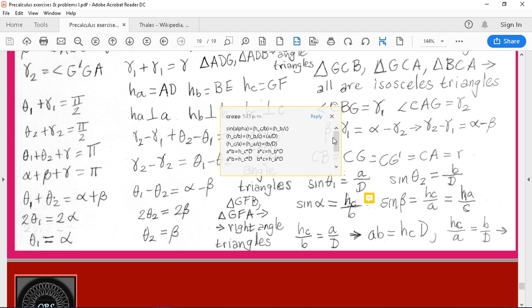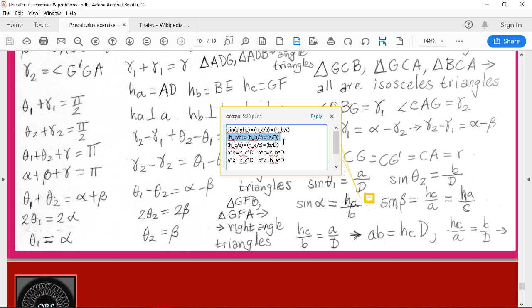Okay, so with those relations, since theta 1 equals alpha, that means that sine of theta 1 equals sine of alpha, which means that hc over b equals hb over c equals a over d.